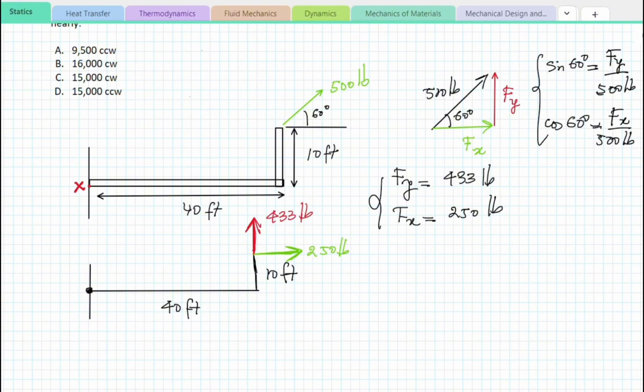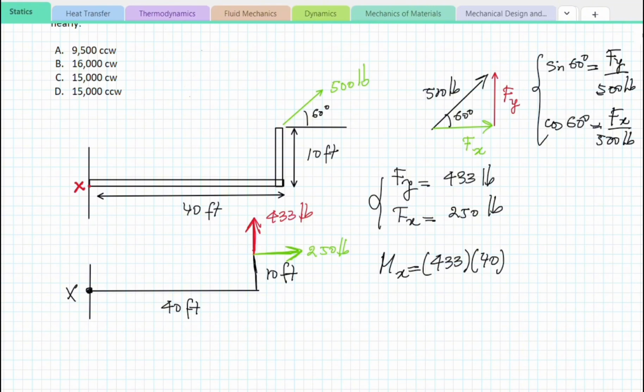And similarly for the 433-pound force, the perpendicular distance is 40 feet. So the moment about X will be 433 times 40.